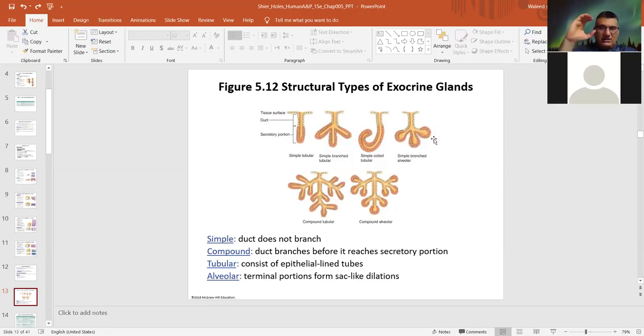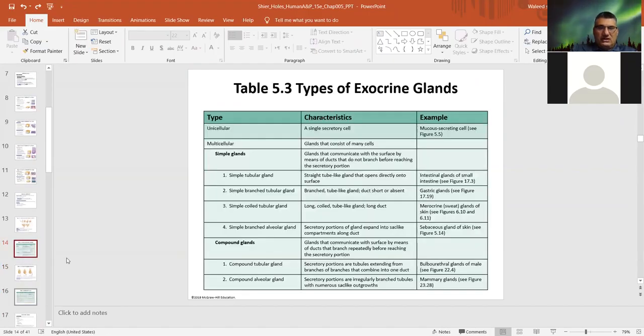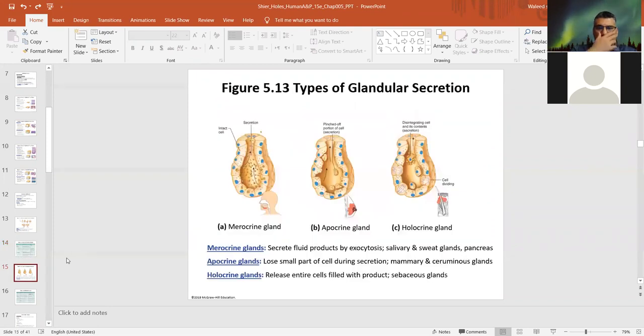Alveolar is like a sac, like this. Tubular is like this, tube. So it can be tubular, it can be alveolar. It can be simple, like those top four, and it can be compound, like these at the bottom. These are the different shapes. This is summarizing everything you can review from this slide.